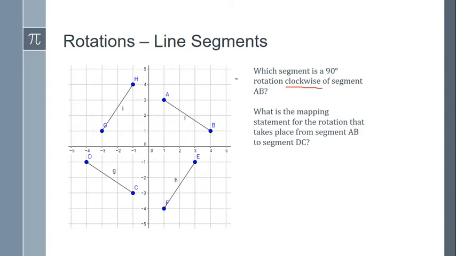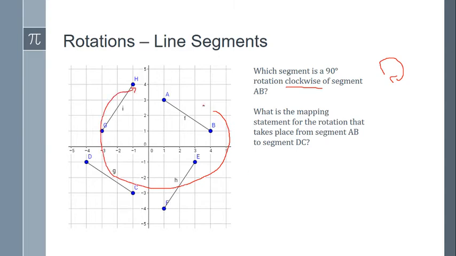All right, so if I'm going clockwise, I'm going in this direction. We're moving like a clock. So that means if I'm moving segment AB here in the clockwise direction, I'm moving it in this direction around our coordinate plane.